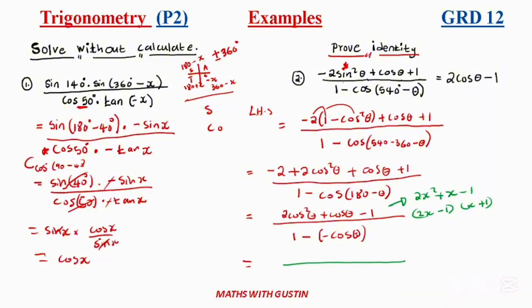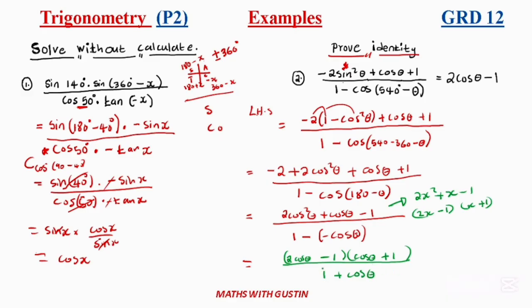So let's go ahead and continue here. I'm just going to keep the green color because we are factorizing. So it's going to be 2 cos theta, then cos theta here, then it's going to be plus 1 there, then it's going to be minus 1 here. So at the bottom it's 1 plus cos theta as we continue with the green color.